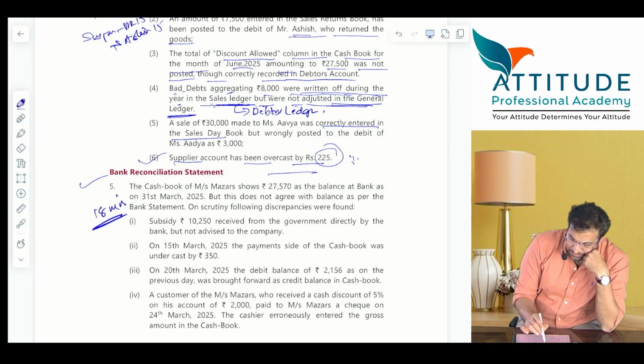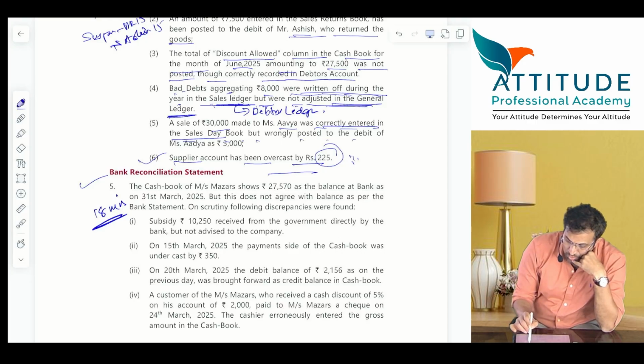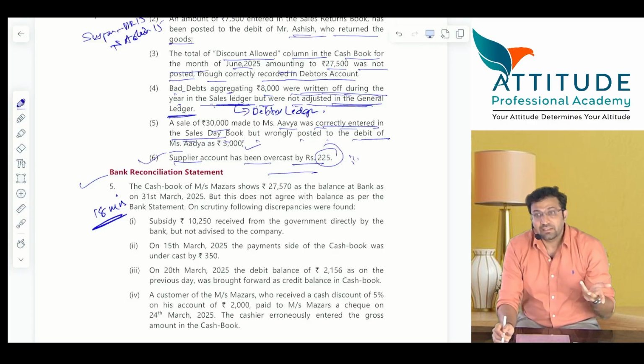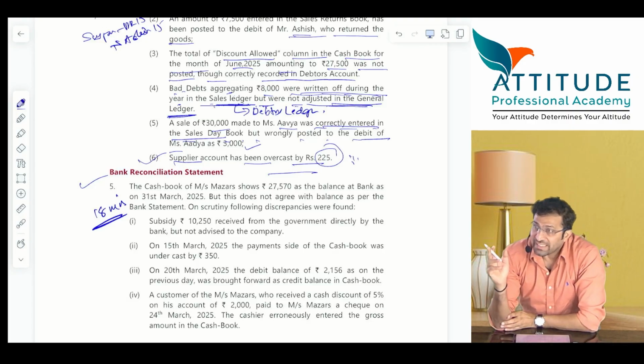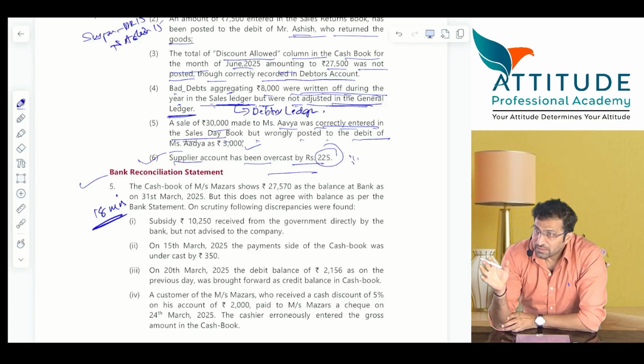A sale of 30,000 made to Avya was correctly entered in sales day book, but wrongly posted to the debit of Adhya as 3,000. Fantastic. First of all, tell me, credit sales entry क्या होना चाहिए? Customer account debit to sales.